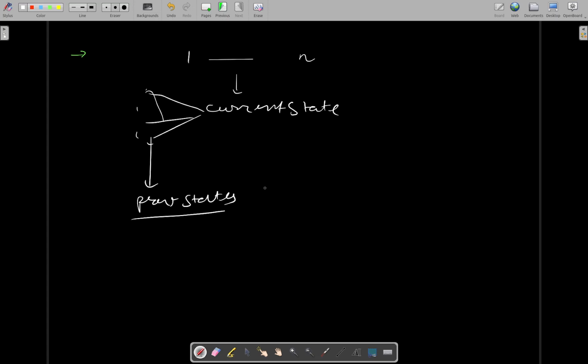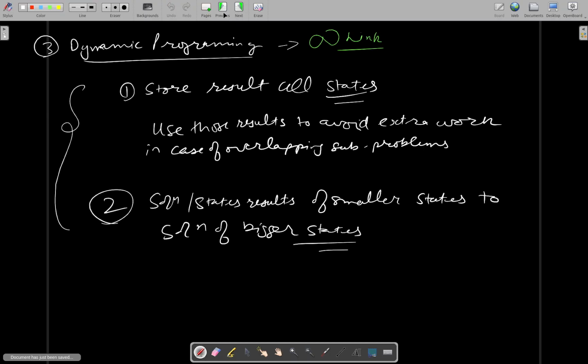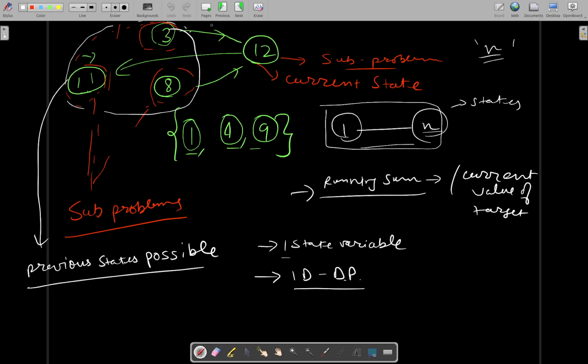Okay, so if you observe here also, only one jump was required from 3 to go to 12, which was adding 9. Okay, and if you are at 11 it would be adding 1, and if you are at 8 it would be adding 4. So you see only one step was required.